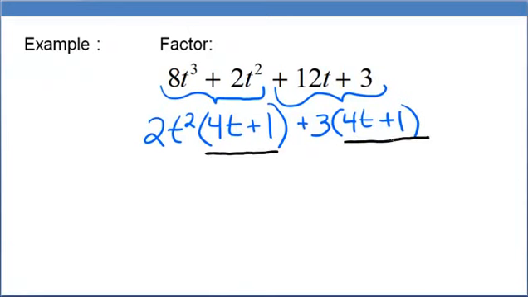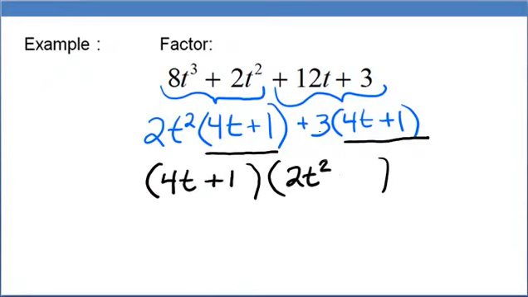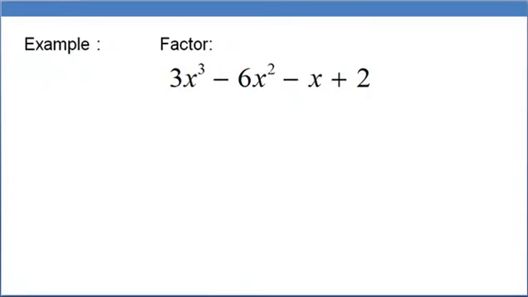So now this is the GCF for the whole problem. We'll take it out. And to get back just to the line above, we're missing a 2t squared plus 3. Let's look at one last example.